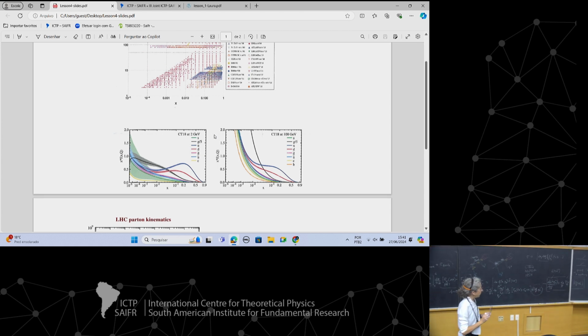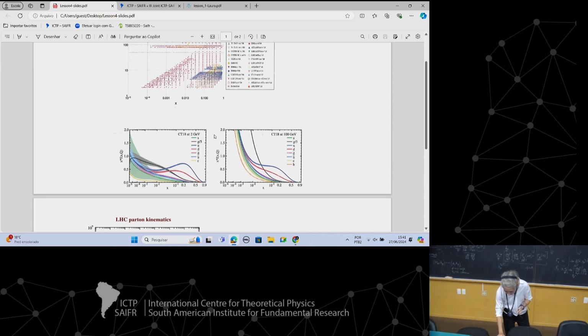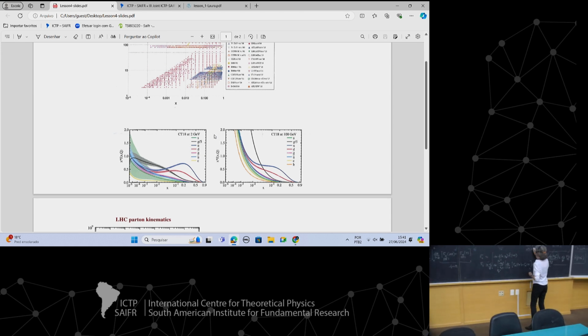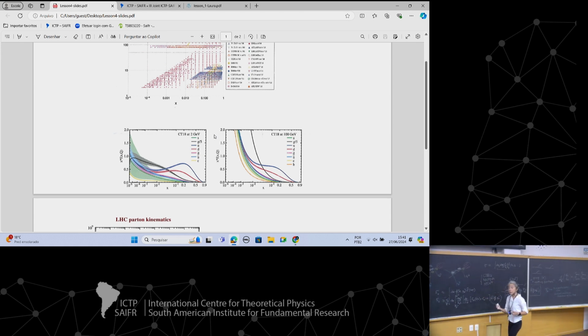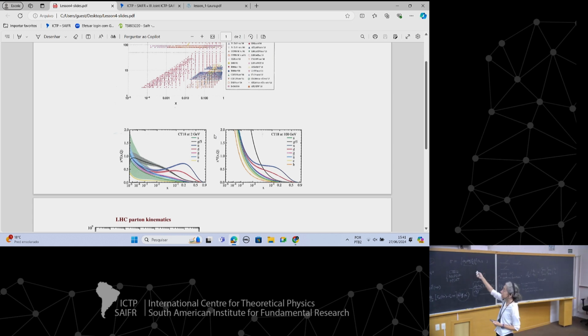Download it and build what is the PDF distribution for an up, for a down, for a charm, for a strange, for a bottom quark even, from the gluon.